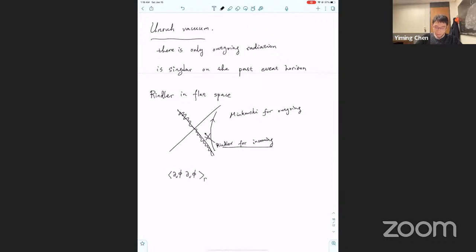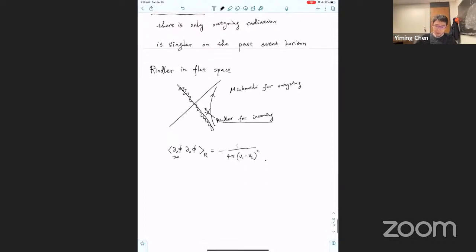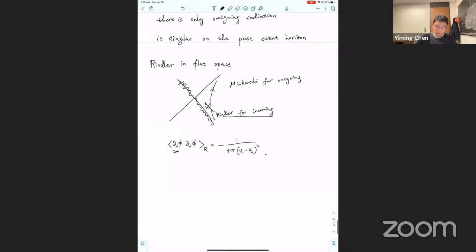Let's consider the incoming modes in the Rindler vacuum, and later subtract the UV divergence in Minkowski space, okay? This is again the formula that we wrote down earlier, but with U substituted by V, because now I want to consider incoming modes rather than outgoing modes.